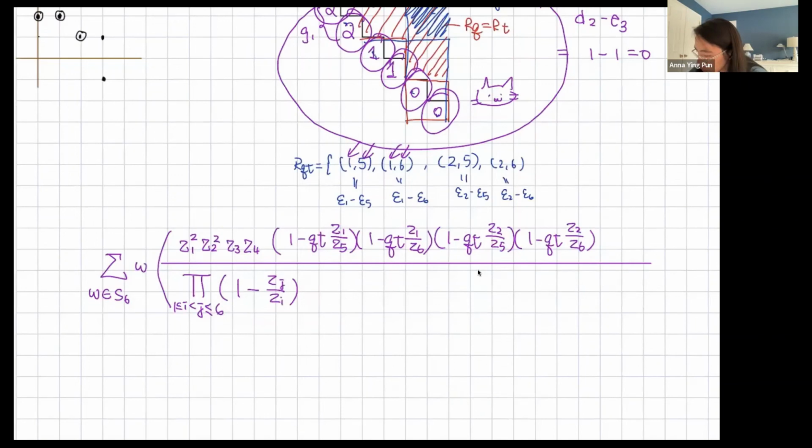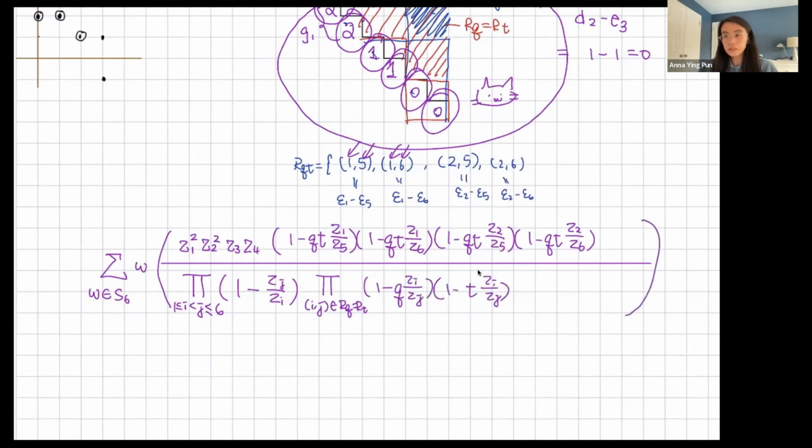The QT are all the ij in RQ and RT. And then you have 1 minus Q Ci over Cj, 1 minus T Ci over Cj. Okay, and that is the whole cat. So this is what a cat and animal is.